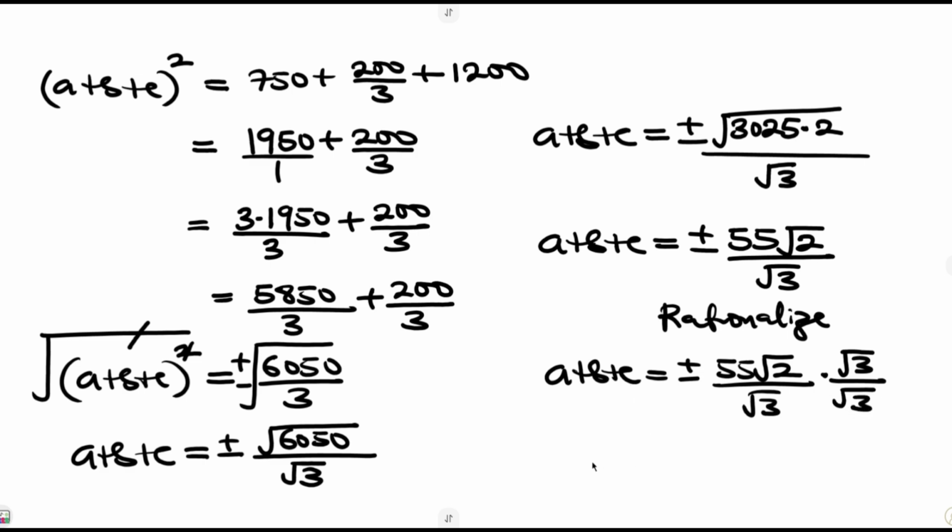So this results in a plus b plus c equal to plus or minus 55 root 2 times root 3, and now the roots can multiply. The square root of 2 times the square root of 3 is the square root of 6, all over the square root of 3 times the square root of 3, which is the square root of 9. And the square root of 9 is actually 3. And this becomes our final answer.